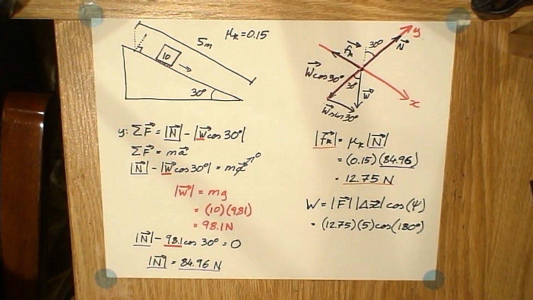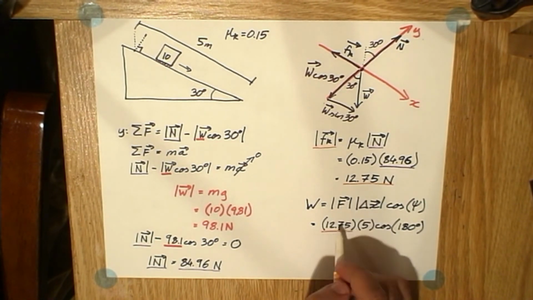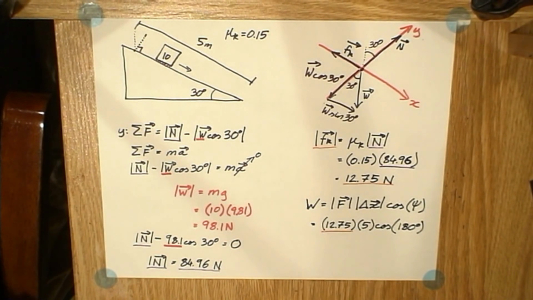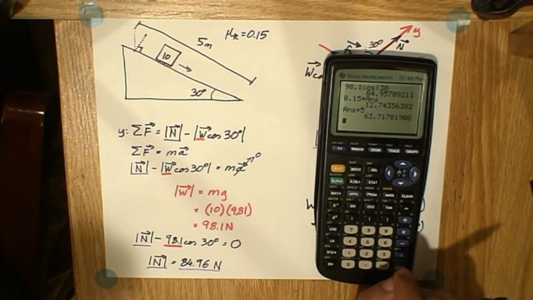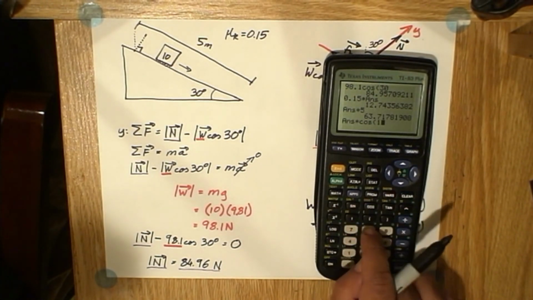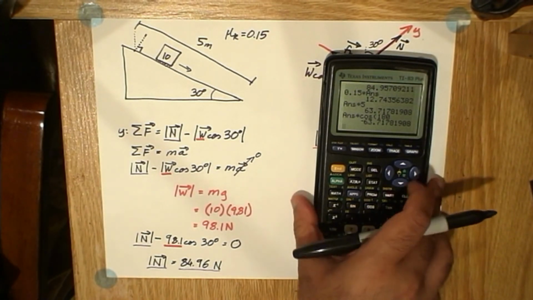So now that we have all of this information, and again, I'm going to track this friction force, which we just solved for, we can solve for the work. So 12.75 times 5 times the cosine of 180 degrees is negative 63.72.